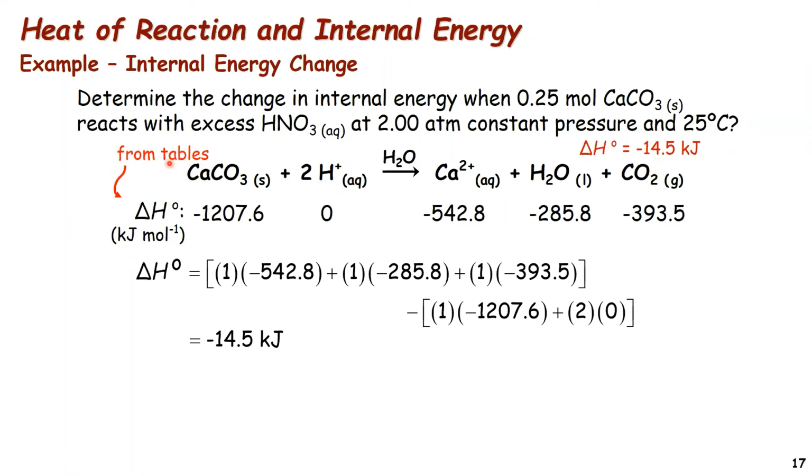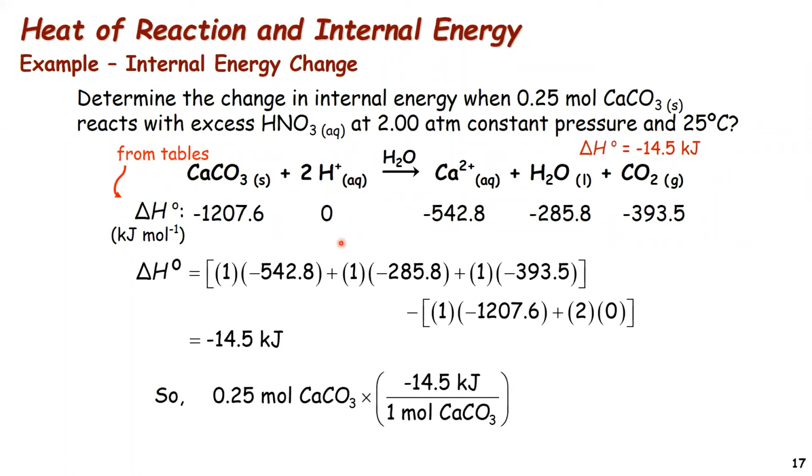So now we have this balanced thermochemical equation. We can determine the enthalpy change then for the reaction of 0.25 moles of the calcium carbonate with excess acid. So again, it'll be 0.25 moles. We want the moles to cancel, so the 1 mole of calcium carbonate will be in the denominator and the negative 14.5 kilojoules will be in the numerator.